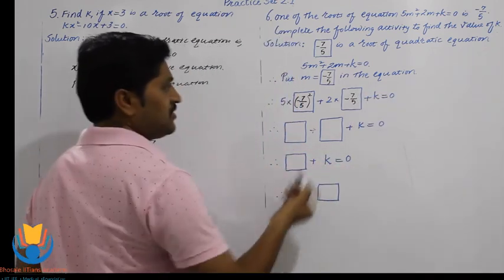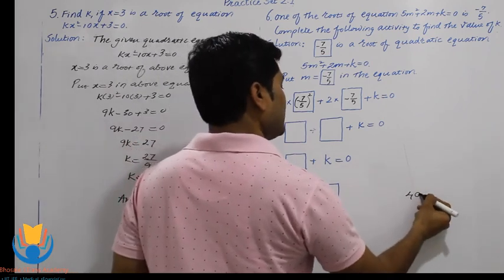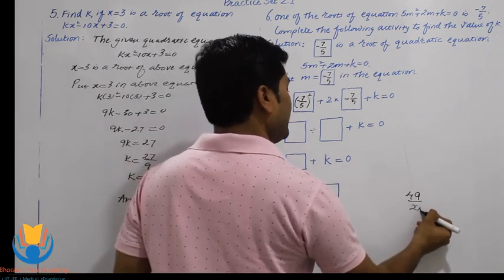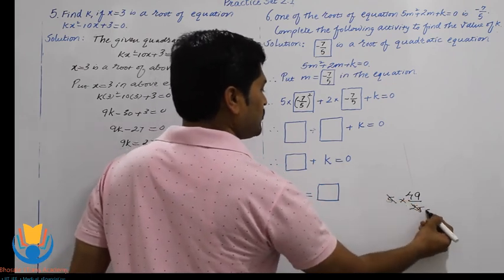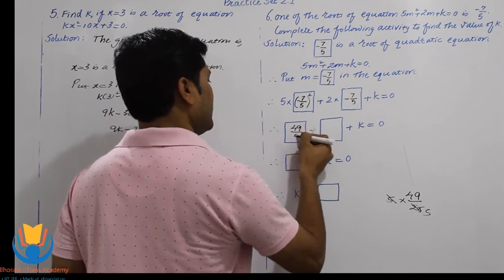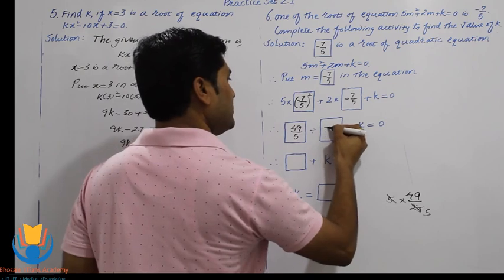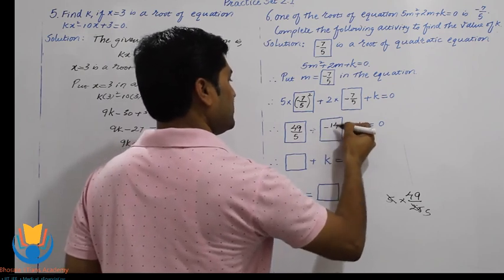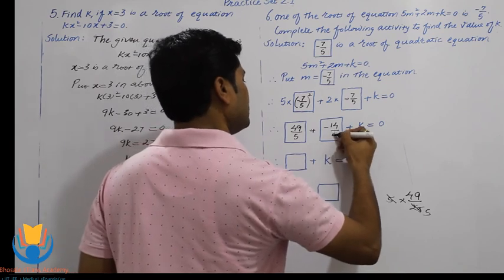So let's simplify it. Minus 7 by 5 whole square is 49 by 25, and here it was 5. So 5 ones are 5, 5 fives, so we are left with 49 upon 5, and here plus into minus is minus, and 7 twos are 14 upon 5.